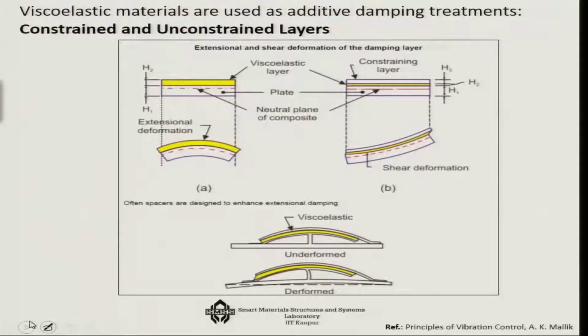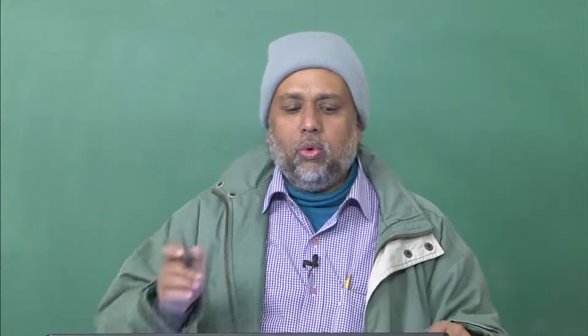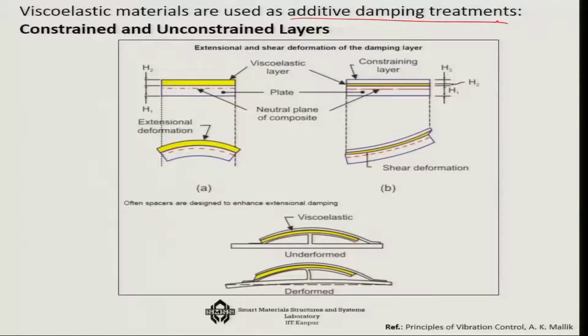Next, if you think of other viscoelastic materials that can be used for system modification, you can go for additive damping treatments like constrained and unconstrained layers.